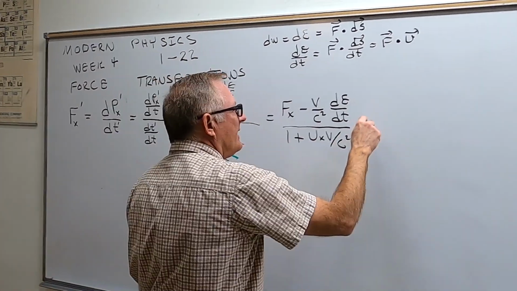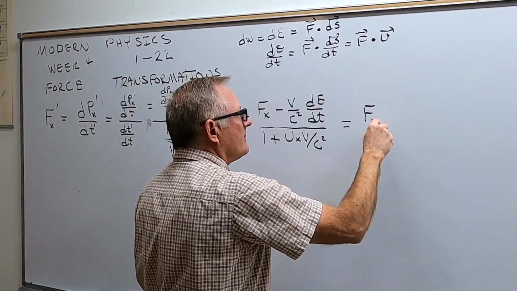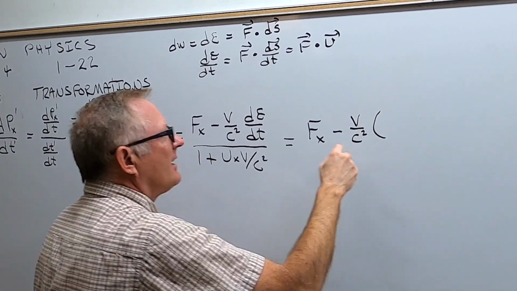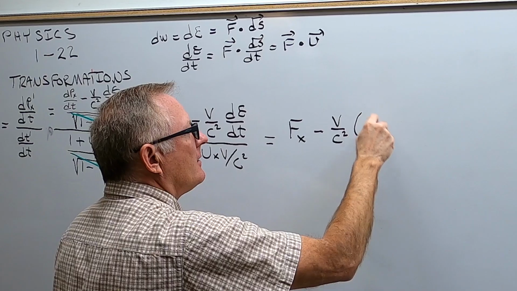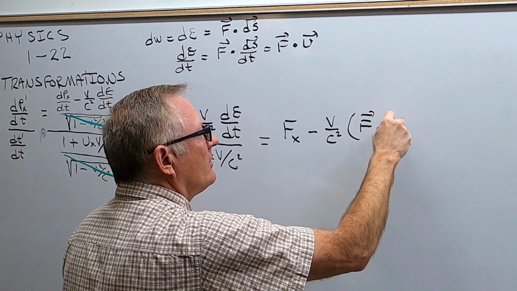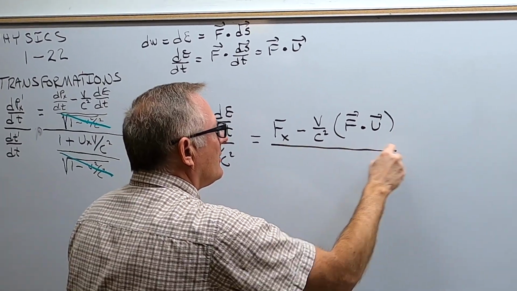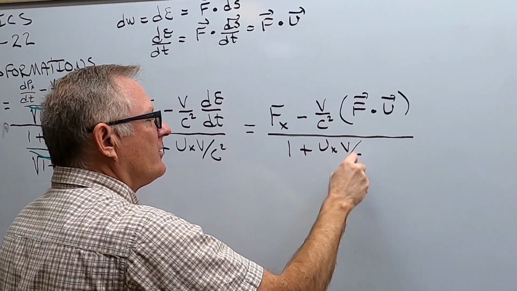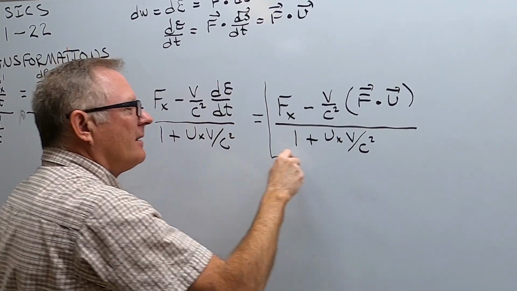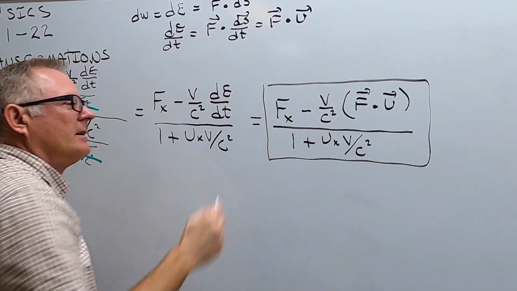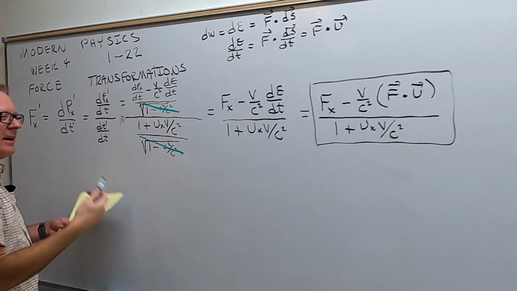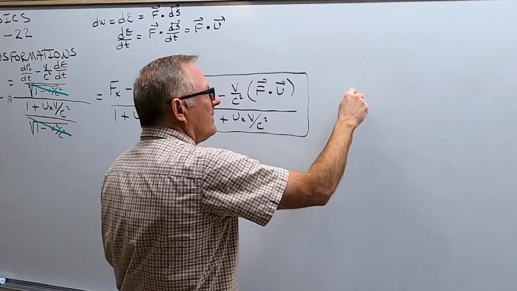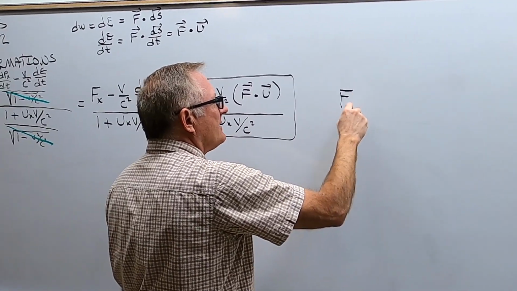So I'm going to rewrite this as Fx minus v over c squared. Instead of saying power, we'll say F dotted with u, all over 1 plus ux v all over c squared. So we've got Fx prime right here. If we wanted to go back the other way and say, what is Fx?